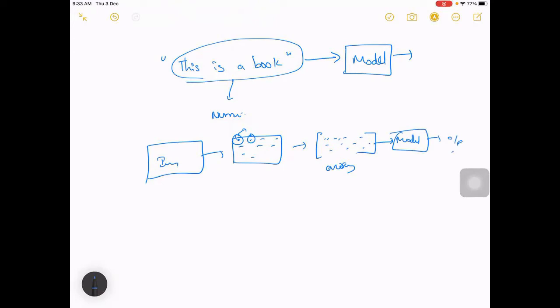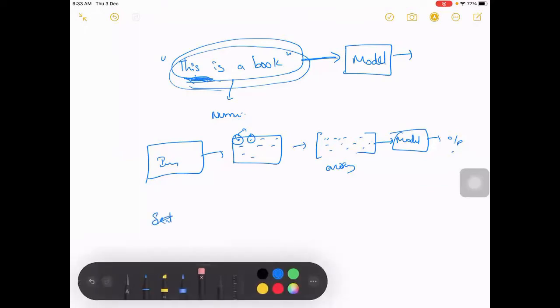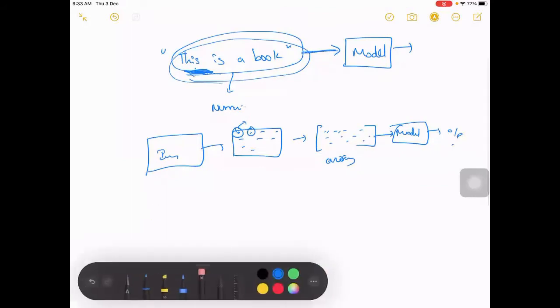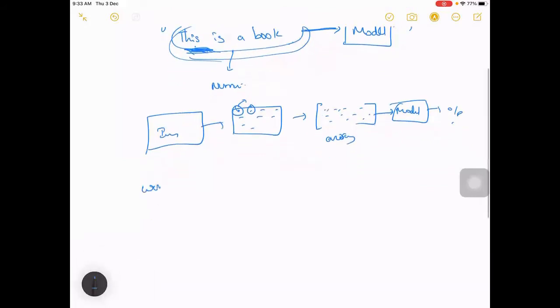But in the case of a sentence, this is not a numerical value, right? So how do we convert this and pass it to a model? That may be the question. We should convert this into a numerical value. It can be a sentence or maybe words as well, or paragraphs and so on.